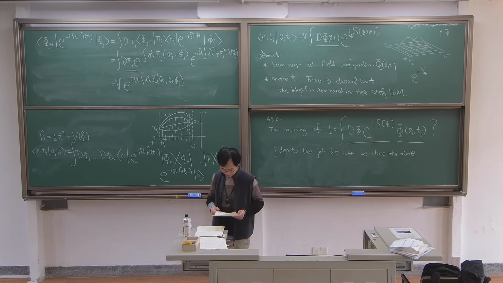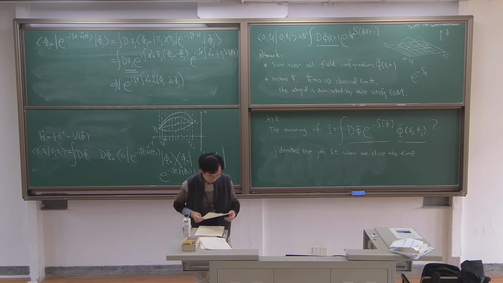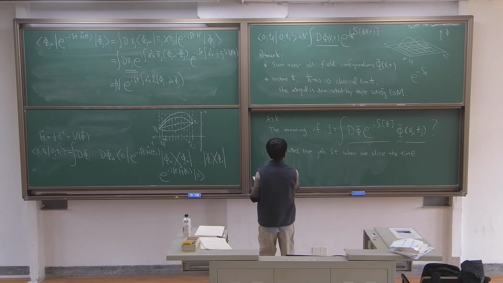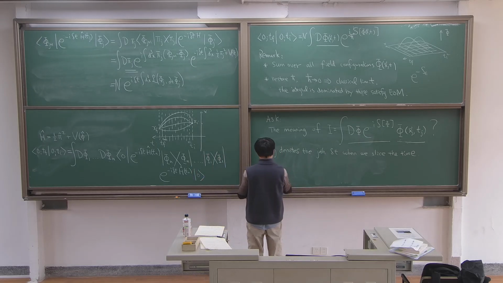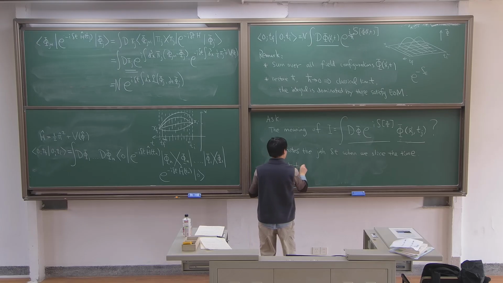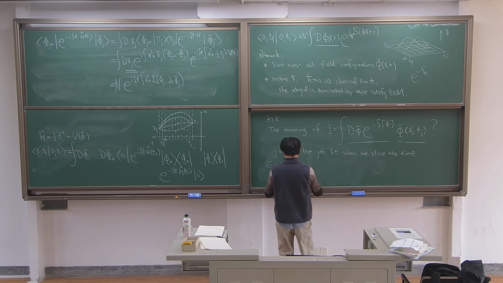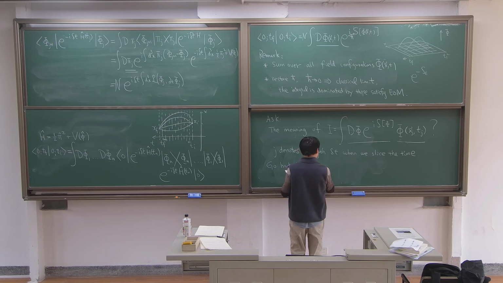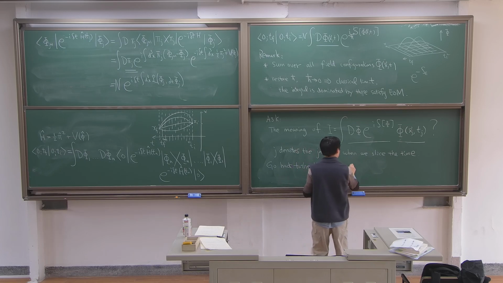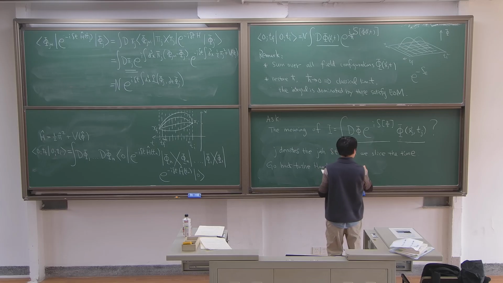Then what should I do? As suggested, we can go back to the Hamiltonian derivation of the path integral.